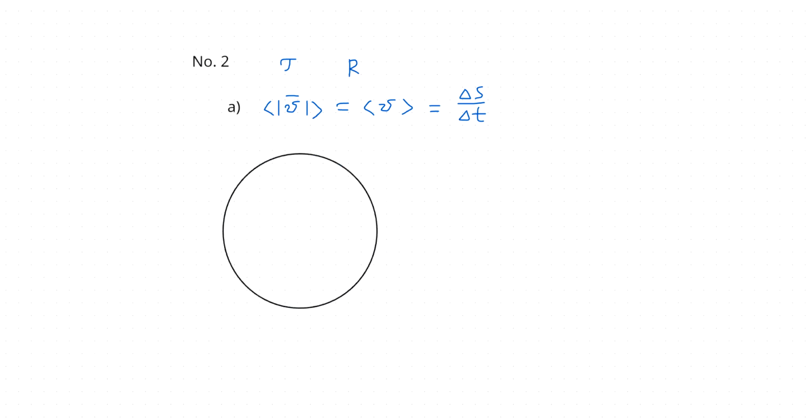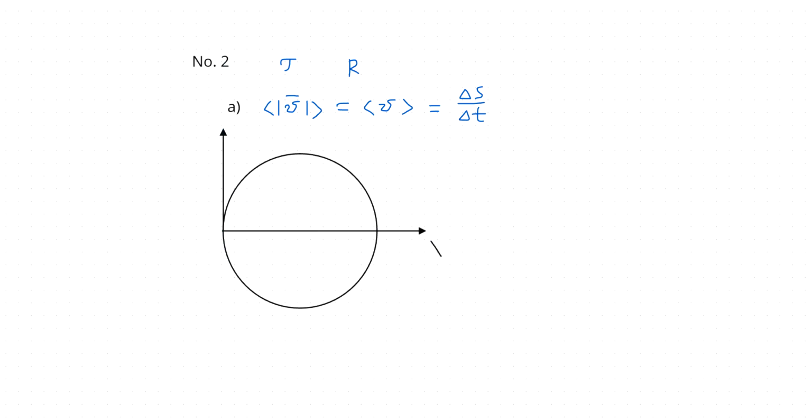So the trajectory is half of a circle, and I'll set some reference system. We can do it in any way, but in this case, it is useful to choose coordinates in the way shown on the picture.